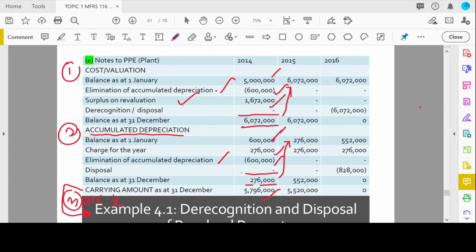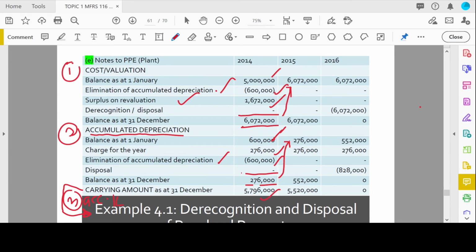The opening balance is the same as the closing balance of last year. So for year 2015, the balance for cost or valuation is 6.072 million. For accumulated depreciation, it is 276,000.